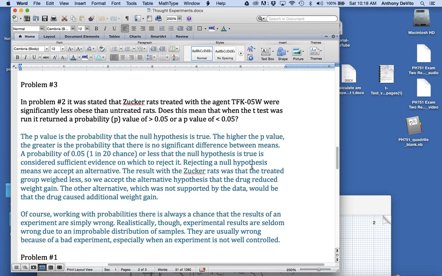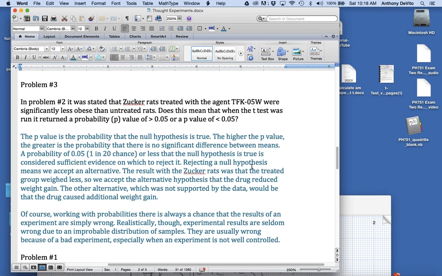So we want these two means, in terms of standard errors, to be far enough apart that we can say with 95% certainty, or less than 5% chance of being wrong, that the means of the populations are different, that we would get that result less than 5% of the time if the two means of the populations were the same.